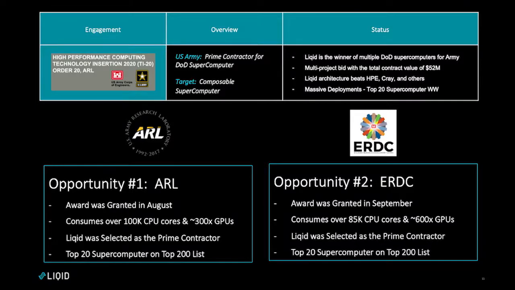These are two massively large machines built on disaggregated composable infrastructure. The first machine is actually 2 physical systems with a total of 100,000 compute cores and 300 GPUs built into a supercomputer. And then the second system is 85,000 cores and 600 GPUs, all as one comprehensive large supercomputing platform.